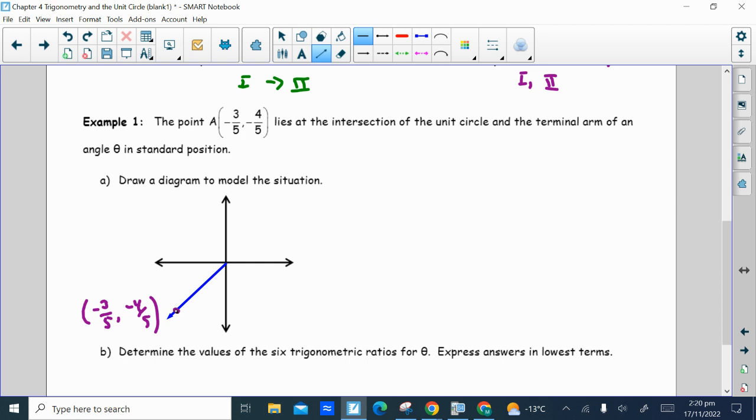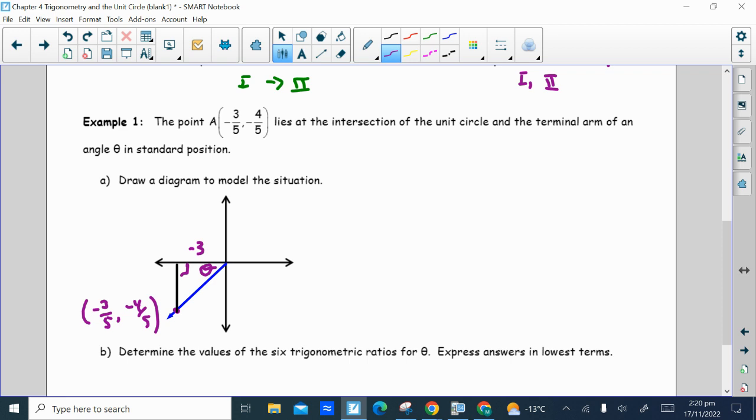So if we draw a reference triangle by drawing a line straight to the x-axis, and the reference angle is always the angle between the terminal arm and the x-axis, the cosine, which is adjacent over hypotenuse, is negative 3 over 5. So the adjacent side will be negative 3.